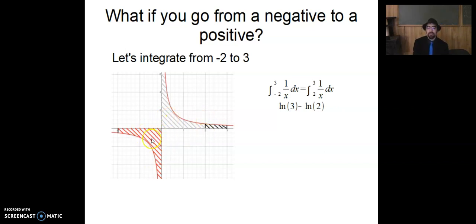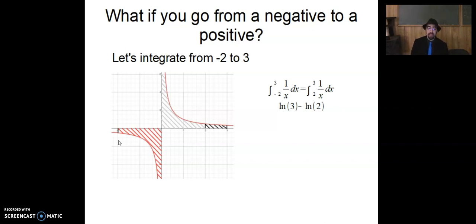Either way, once we cancel the red and the gray, that shows us that the integral from negative 2 to positive 3 of 1 over x dx equals the integral from 2 to 3 of 1 over x dx. And so that's still going to be natural log 3 minus natural log 2. If your starting area were negative, then it equals this negative area, which equals the negative of the corresponding positive area, just like we did before.